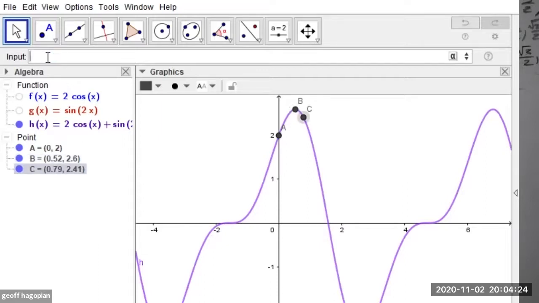There's that point. And then pi over 3, comma h of pi over 3. There's that point. And then we said pi over 2 in parentheses.